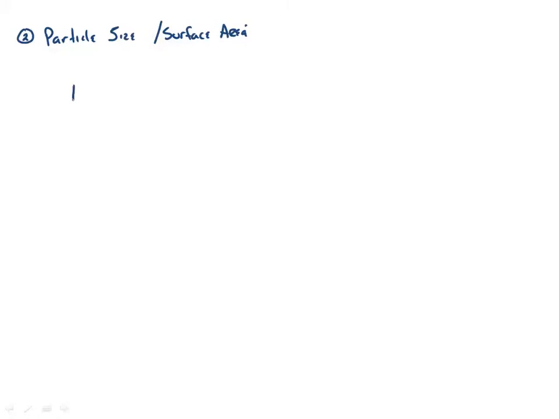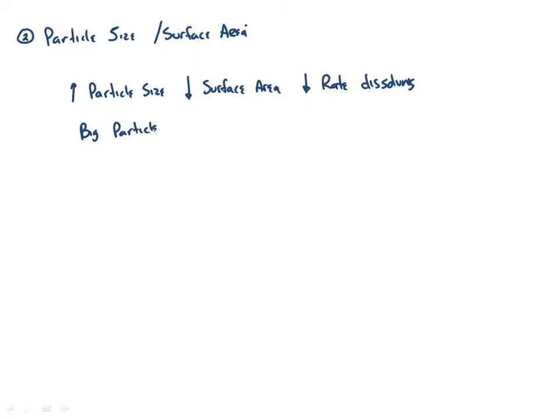As I increase the particle size, that means I'm decreasing the surface area, and so I decrease the rate of dissolving. Which means that big particles have a small surface area, therefore dissolve slowly.